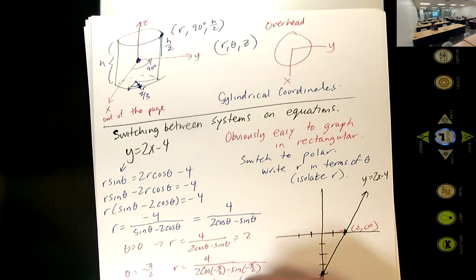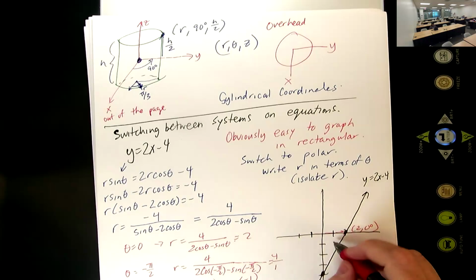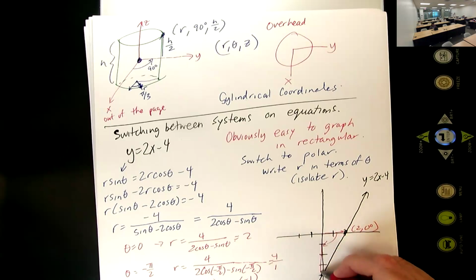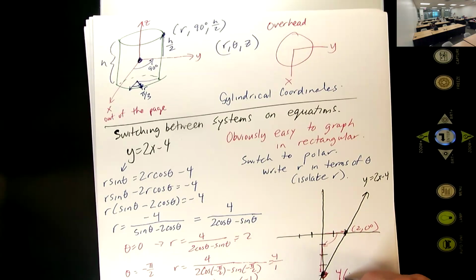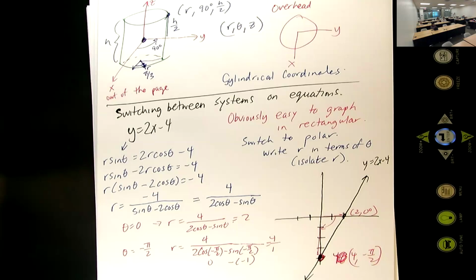This is minus 1, so 4 over 1 is 4. When I go negative pi over 2, I go out to radius 4 and drop a point. Obviously, this gets kind of shitty when we try to do other angles because it's calculator time.